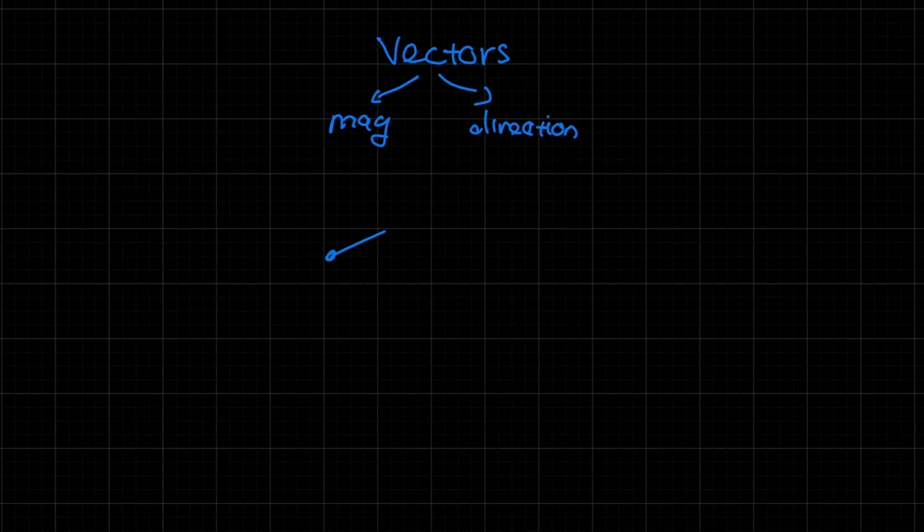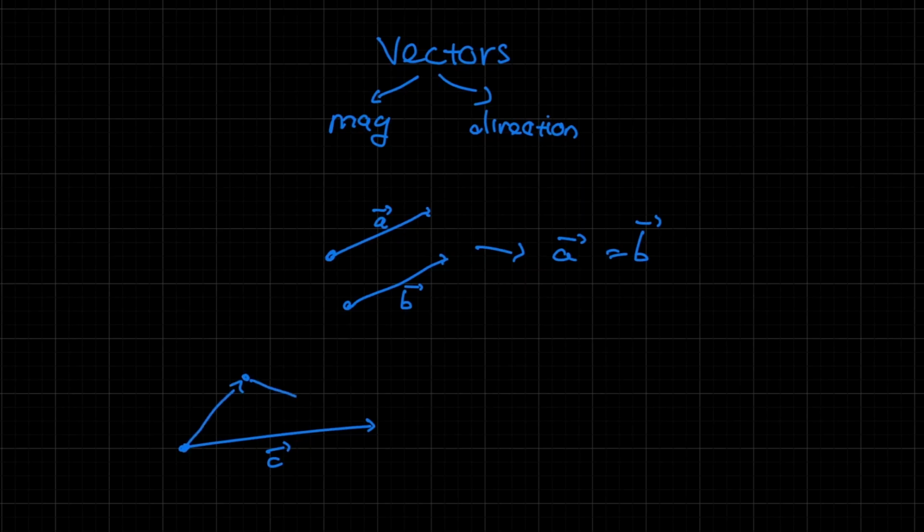So if I have a vector A like this, and a vector B, they have the same direction because they're parallel, and they also have the same length, then you can say that A is equal to B. And if I have a vector C, we'll have C equal A plus B. You'll notice that from the beginning of A, it moves all the way along here.